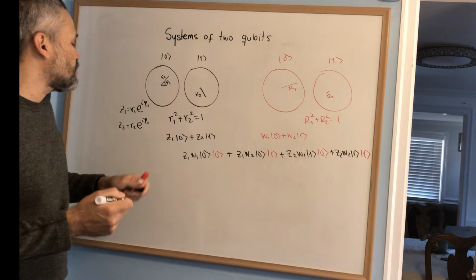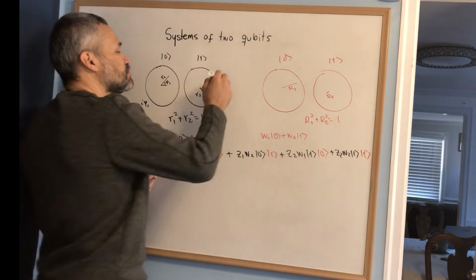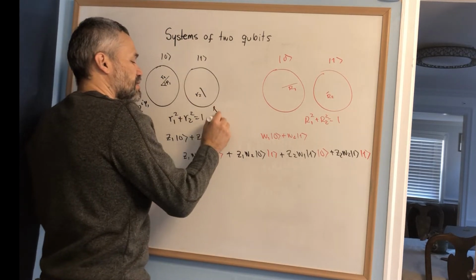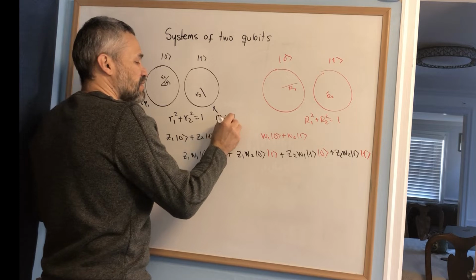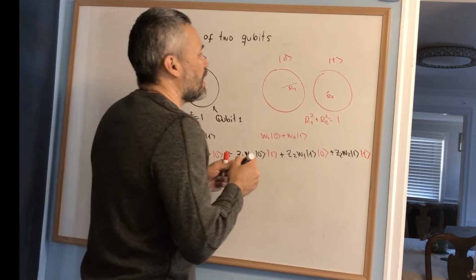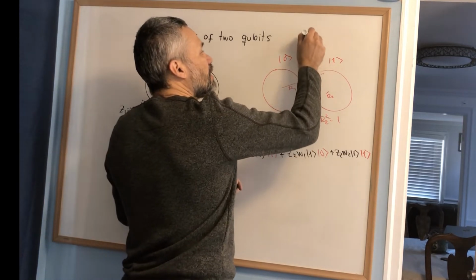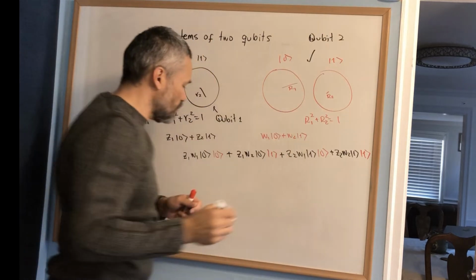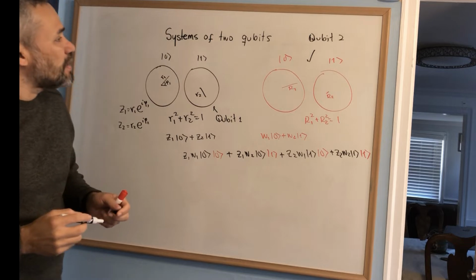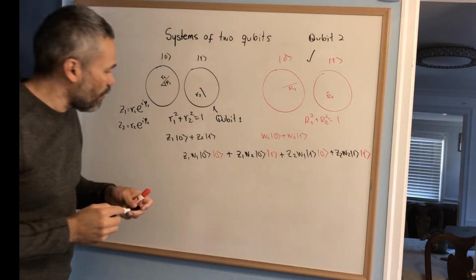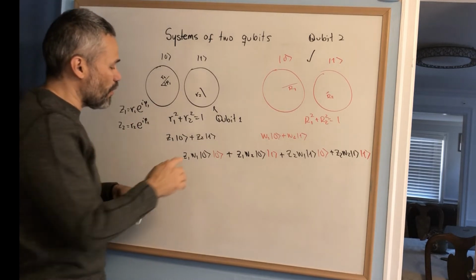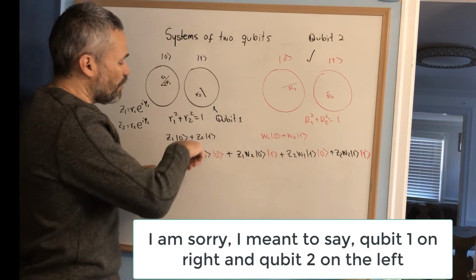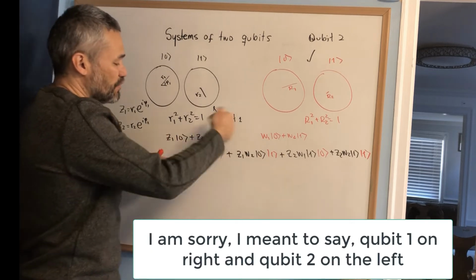One way to avoid using two colors is to label this qubit 1 and this one qubit 2. Then we can have the rule that we are always going to write the qubit 1 on the left and the qubit 2 on the right.